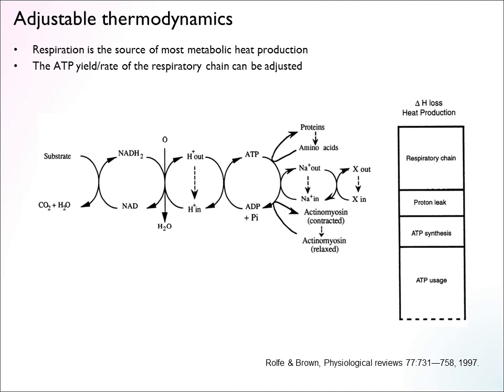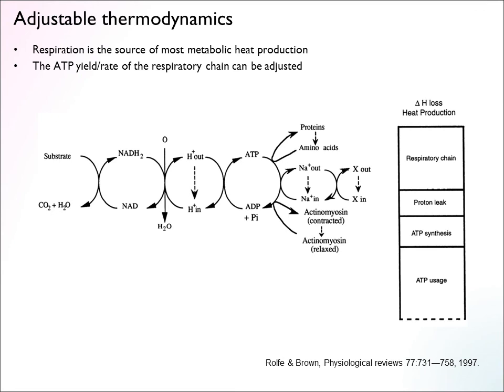And because this is a substantial source of both ATP and heat, being able to adjust the relative rate of each is interesting. And the adjustment physically is done by the mitochondria regulating a bit how much leakage you have of protons that come back into the matrix without synthesizing ATP, which means that the mitochondria are able to some extent to adjust the yield of ATP.